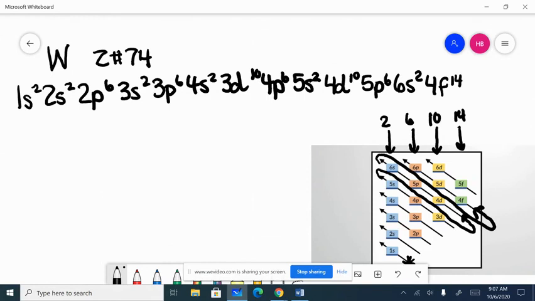And number 71 is in 5D, but I don't need all the 5Ds. So I'm going to count up. I have 10 here, 10 here, 10 here, 8.